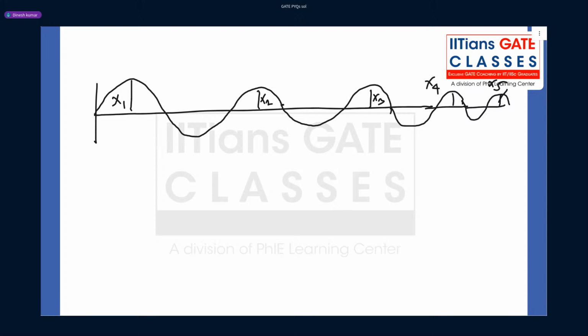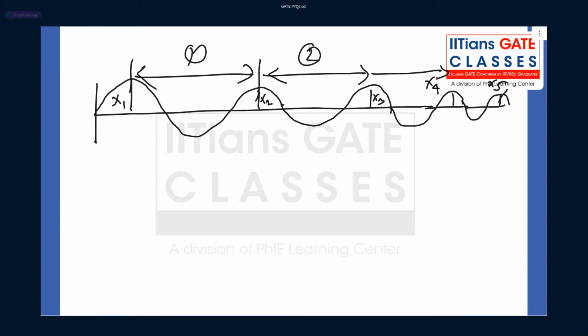Now you can see how many cycles happen. This is one cycle, then this is two cycle, this is three cycle, and this is fourth cycle. Clear?